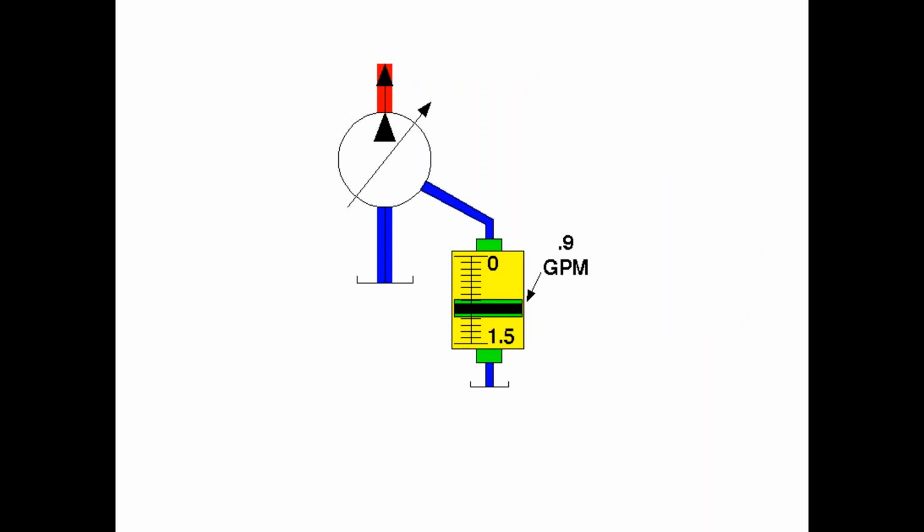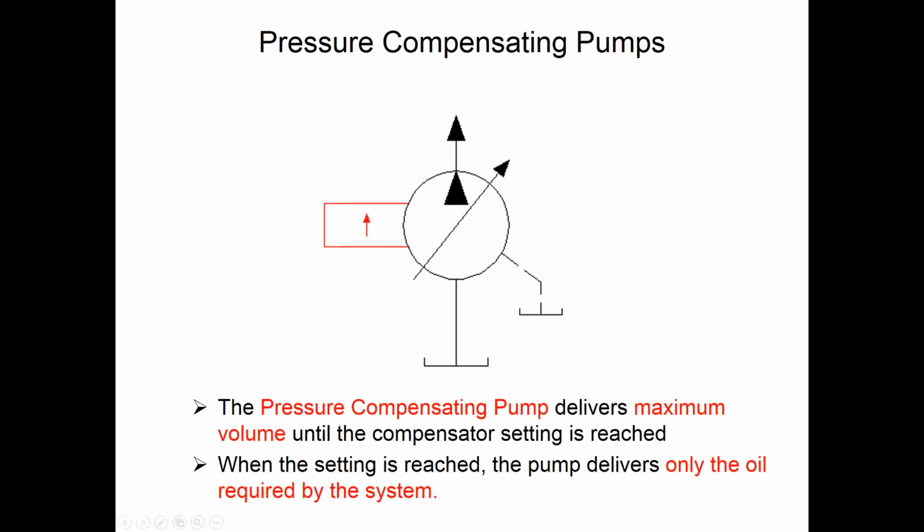Okay? Let's go back to that slide here. You see in the symbol, we have a dotted line that goes to a little tank symbol here, a little separate symbol from the inlet. That indicates that this must be a separate line to tank from this one.